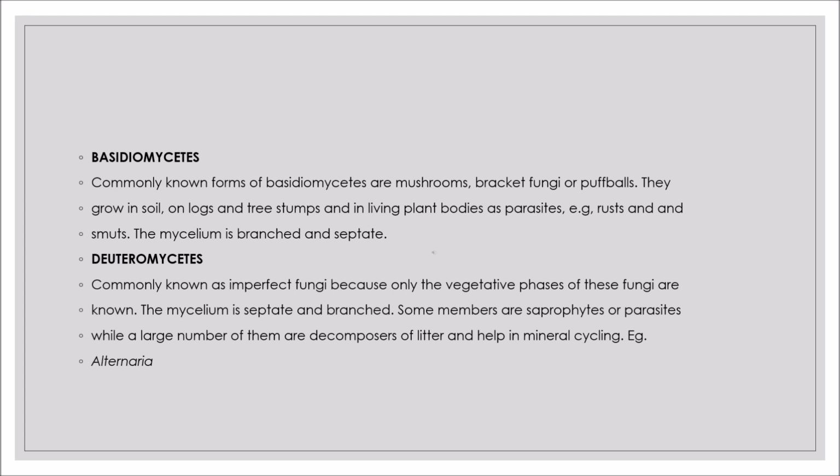And next is deuteromycetes. These deuteromycetes are commonly called imperfect fungi because only the vegetative phase of these fungi is known. And the mycelium here also is septate and branched, and some members are saprophytes and parasites. So they may feed on dead and decayed matter, or the living cell.